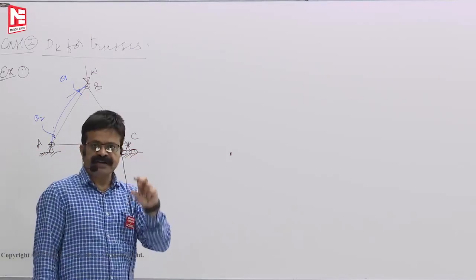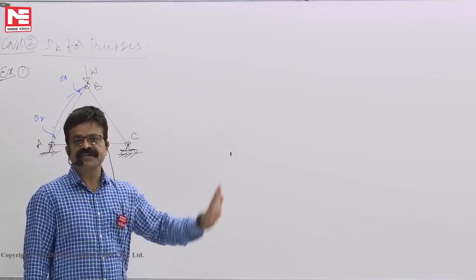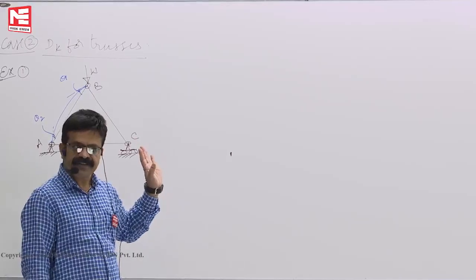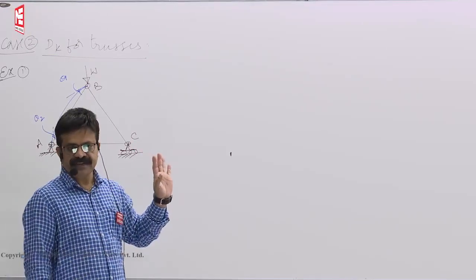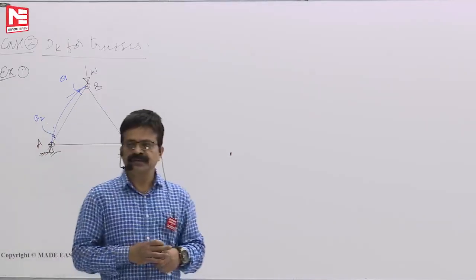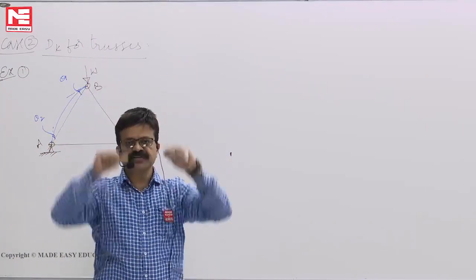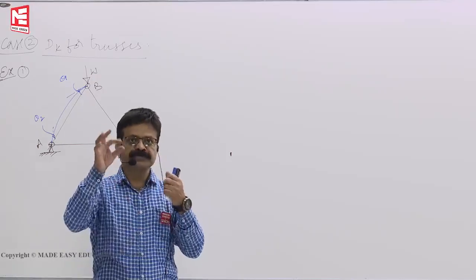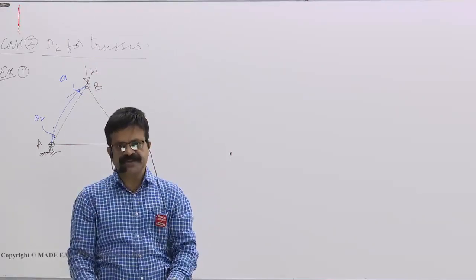If any member under compression buckles, then it means that the member failed. It means that the structure failed. For collapsed structures, we don't find deflection. Suppose that we have built one structure, a 10-storied building, assume that due to some loading, the structure collapsed.